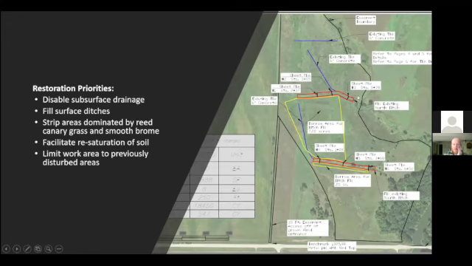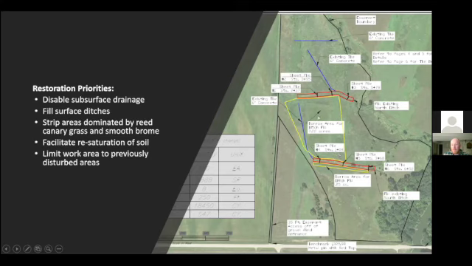Second priority here, we knew that those surface ditches were the primary driver to the drainage of what was the former fen area. So we wanted to fill those. As we showed from those color infrared photos, the third thing we wanted to do was strip those areas that have been dominated by reed canary grass and brome, get that vegetation off of there.